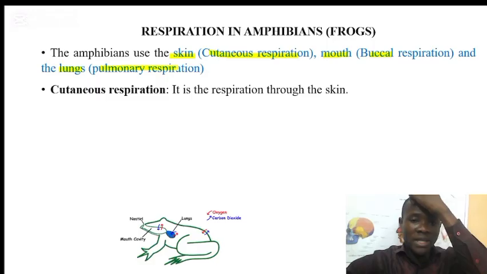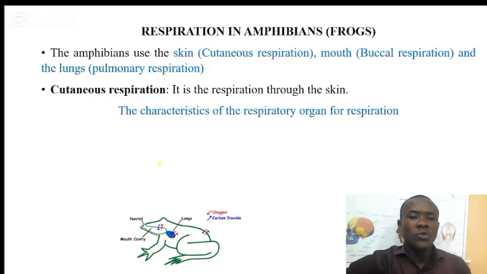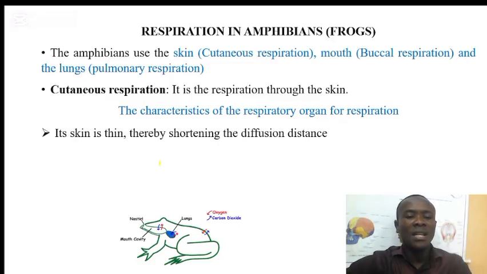So let's start with cutaneous respiration, which is the respiration that is done using the skin. So let's talk about characteristics of the skin as a respiratory organ. As we described the characteristics of the gill as a respiratory organ, it is almost the same thing that we have here, although they are stated in different sentences. Let's start.